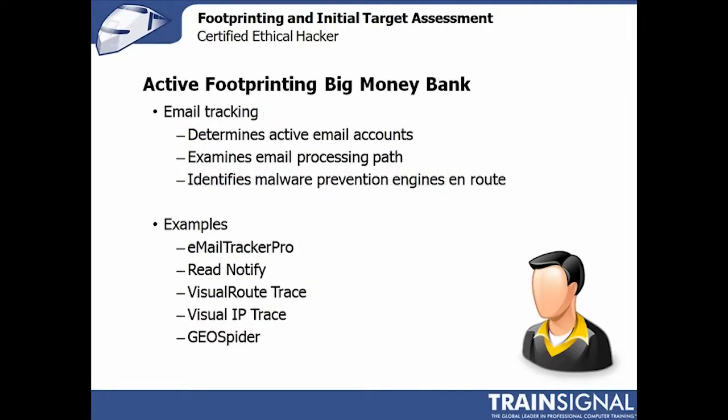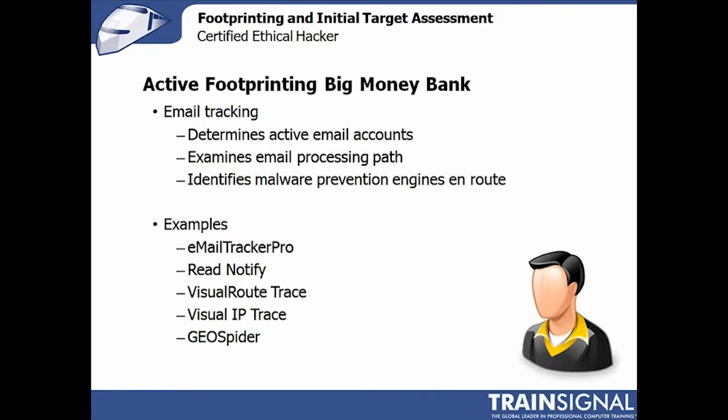Another nice approach that I tend to use, there's a few different techniques for email tracking. So I'll target employees that I've found during the initial scan, during the passive footprinting, with trackable email. Trackable email gives me information about where the email is processed, who's opening it, where it goes, and so forth.